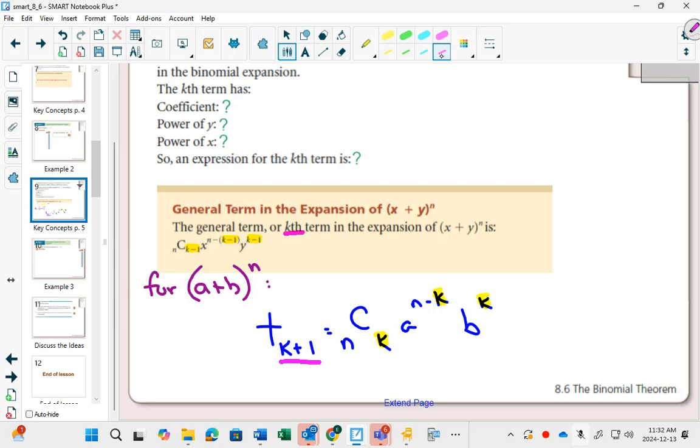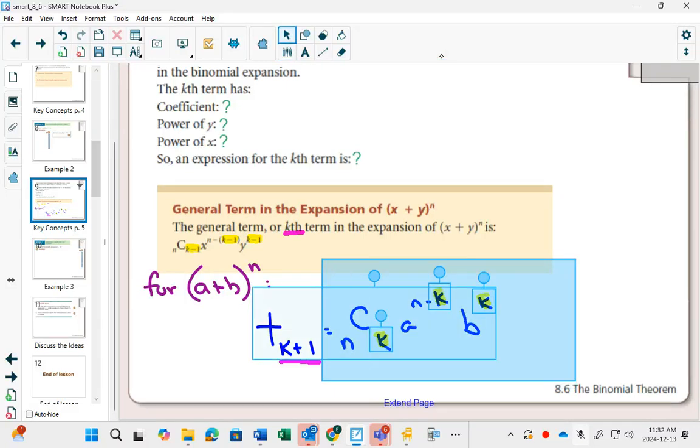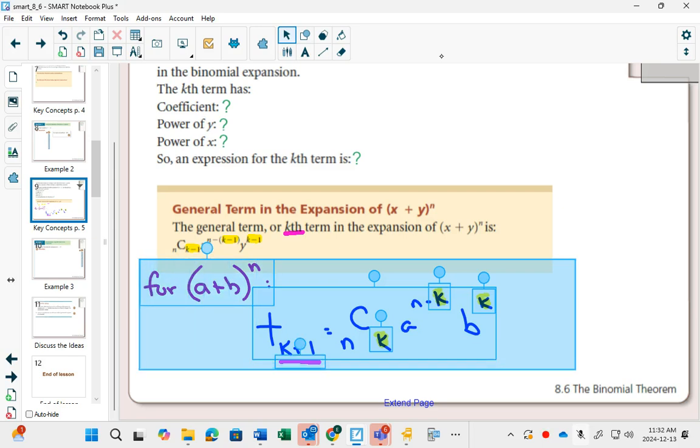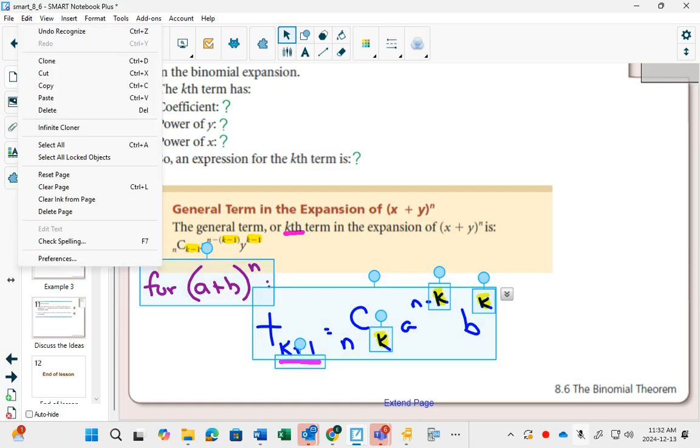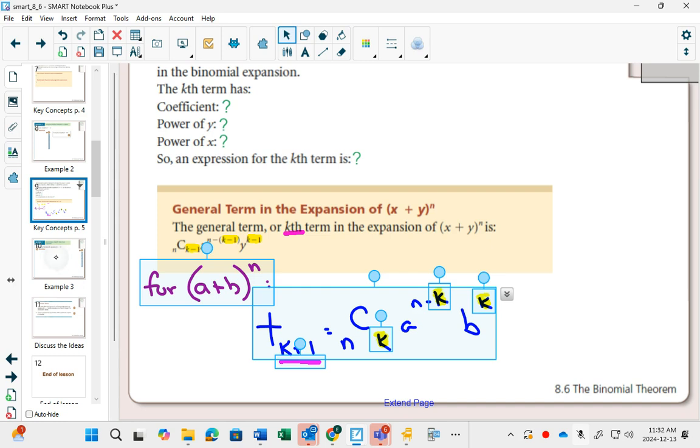Here's the idea. If you want to find a specific term in the expansion, for example, in the question that we're about to do, I'm going to steal all of this, and go to our example.